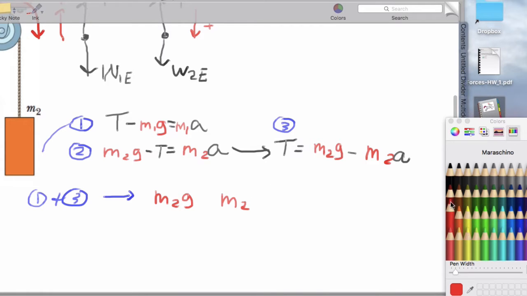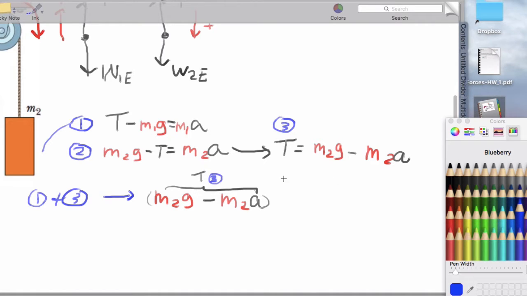M2G minus M2A. So that's the tension. And I substituted that in there because of equation 3.